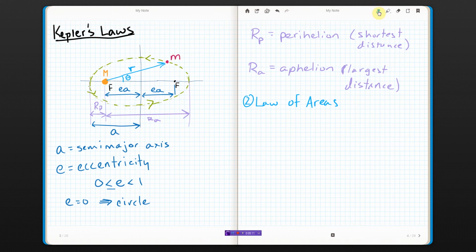So what I mean by that is, if I were to sketch this ellipse again, and I'm just going to really sketch it, it's like whoosh. Oh, that's really, really nasty. Okay, here's the sun.